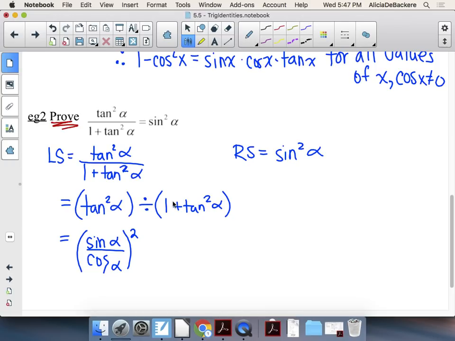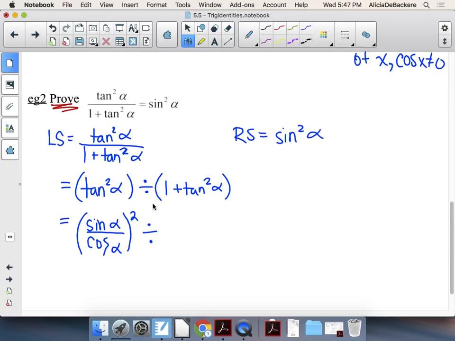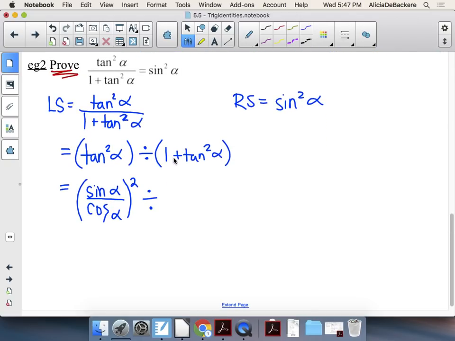And then in my second bracket, I'm going to do the same thing. I'm going to replace the tan squared alpha. That's going to be the same as sine of alpha over cos of alpha, and then all of that is being squared because all of tan was being squared.